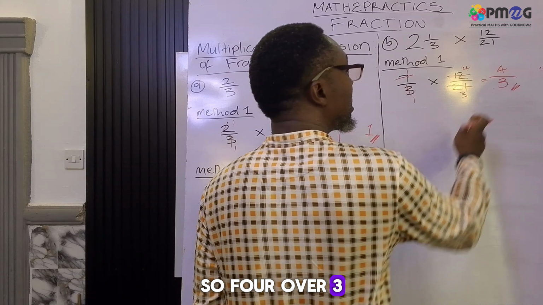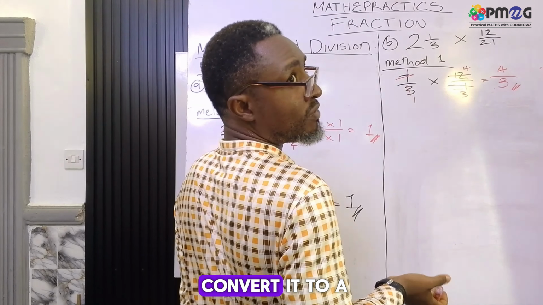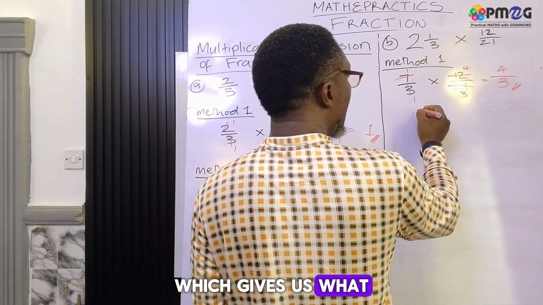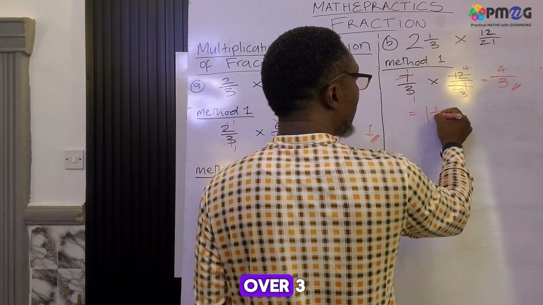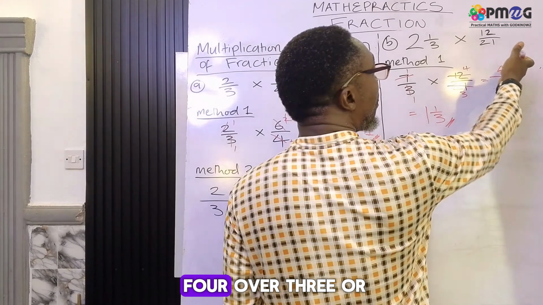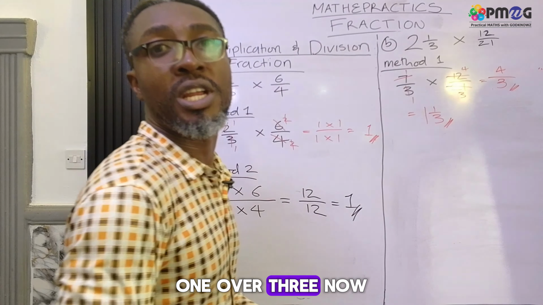So 4 over 3 is an improper fraction. We can still convert it to a mixed number, which gives us what? 1 whole number, because 4 divided by 3 is 1, remainder 1 over 3. So your answer is 4 over 3, or 1 whole number, 1 over 3.